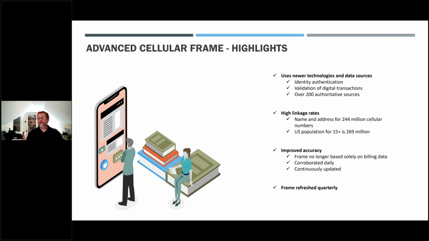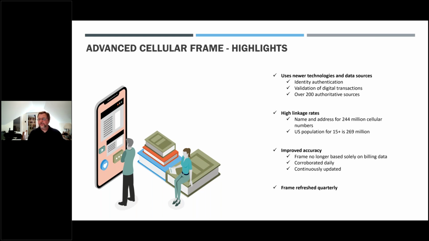So we don't know precisely what the coverage is, but we're going to say it's somewhere around 90%. It could be a little bit higher, could be a bit lower, and will certainly vary based on geography. But we're honing in around 90% coverage for the listed frame.